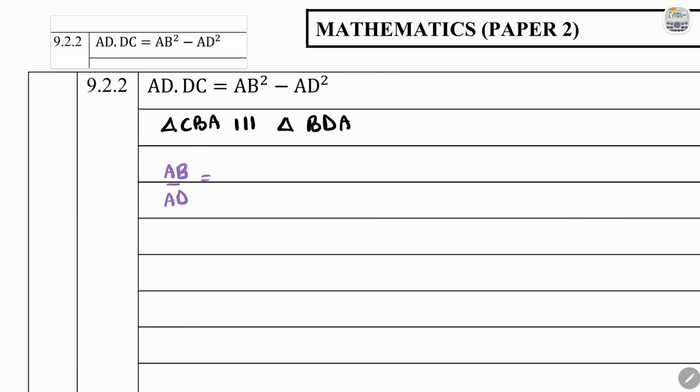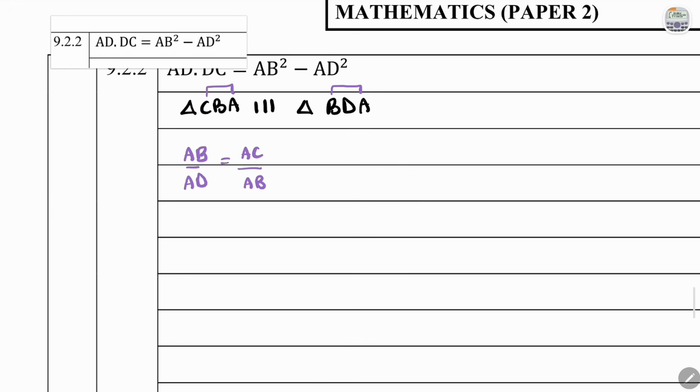DC is not here, so we'll hold off on that, but we do have another AB. So it's probably where the squared is coming from. So we have AB, and then we would have to take that with AC. So we can just say AC over AB.